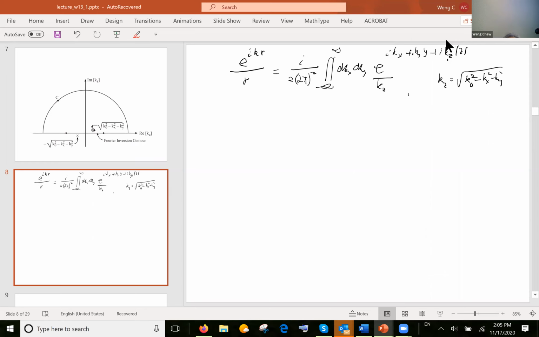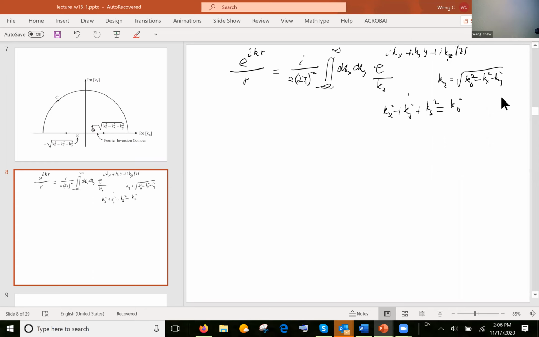Okay, so this is a beautiful expression because right now we have a plane wave on the right hand side, but this is a true plane wave in the sense that kx squared plus ky squared plus kz squared is k naught squared.